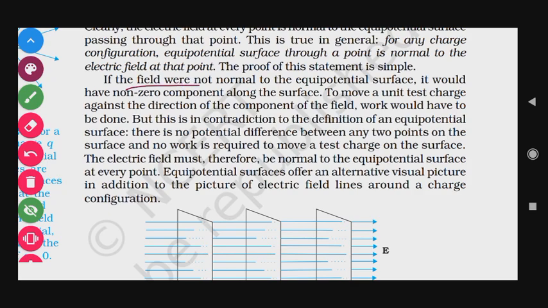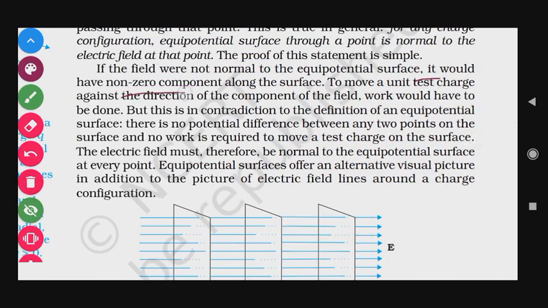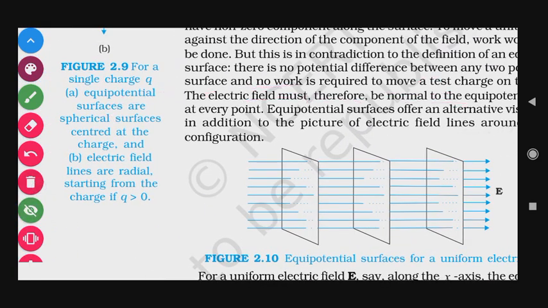If the field were not normal to the equipotential surface, it would have a non-zero component along the surface. To move a unit positive charge against the direction of the component of the field, what would have to be done? Suppose the electric field is not normal, and is making a certain angle with the normal, the area vector.